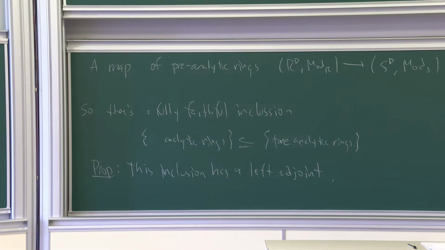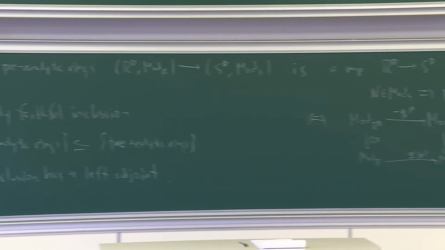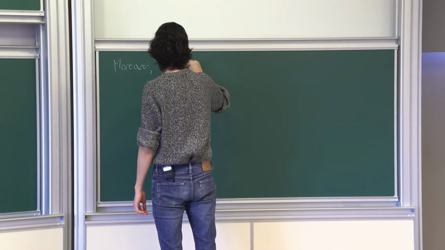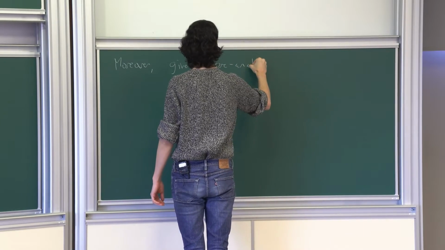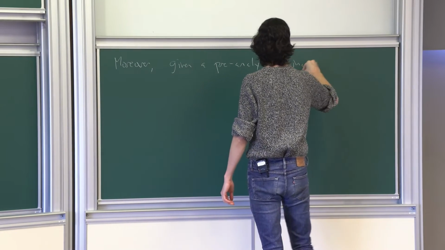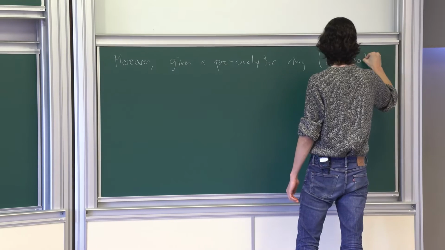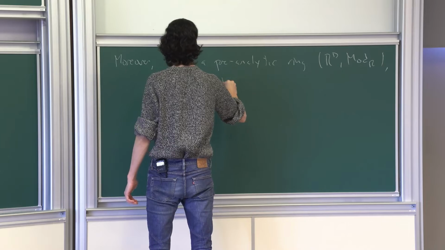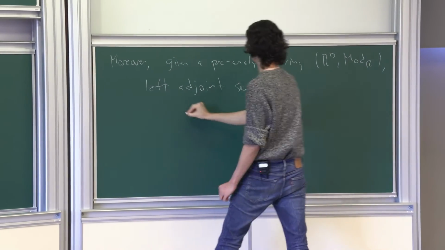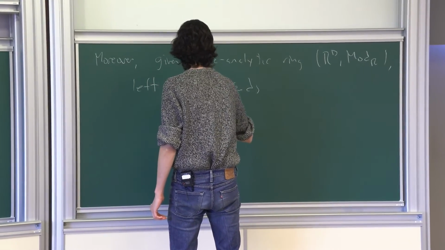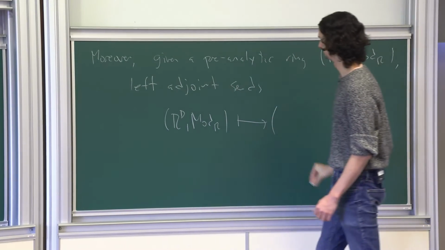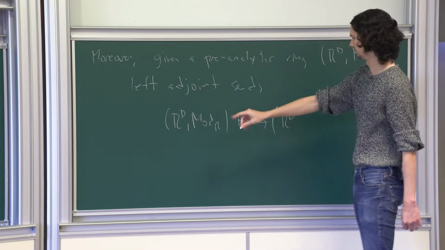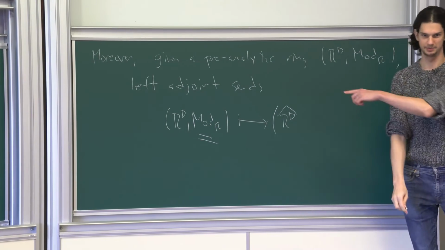Moreover, the left adjoint sends, so given a pre-analytic ring R triangle, mod R, this left adjoint sends our triangle to, and some explanation will be required, we take our triangle and we complete it with respect to this pre-analytic ring structure here.